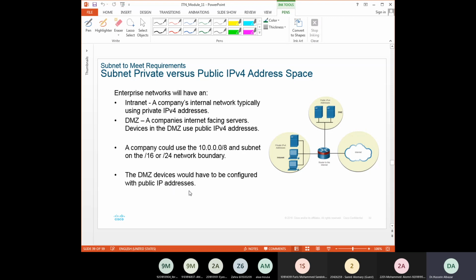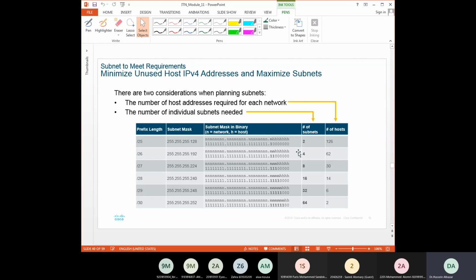We can subnet the DMZ zone by using /25, /26 and /27. So we will have variable length subnet masking, VLSM. The subnets will not use the same subnet mask, so they will not have the same number of hosts. Let us take an example.